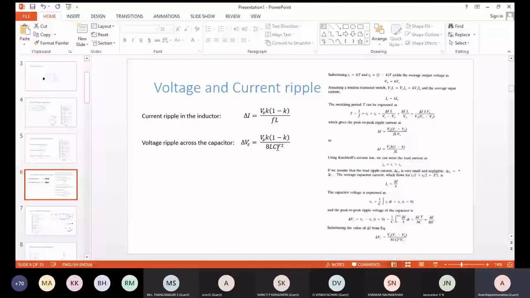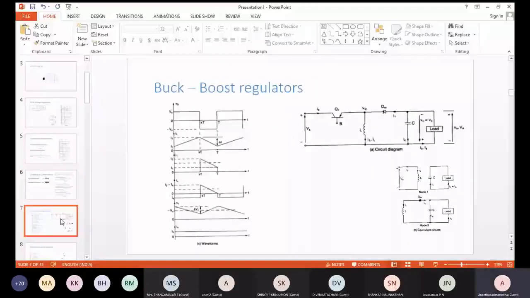Same treatment we are going to do even for the buck boost also. Why have I taken buck boost? Because in the afternoon session I am going to show you the simulation for the buck converter as well as the flyback converter. At this point of time, I want to highlight the fact that the flyback converter is just an isolated version of the buck boost regulator.